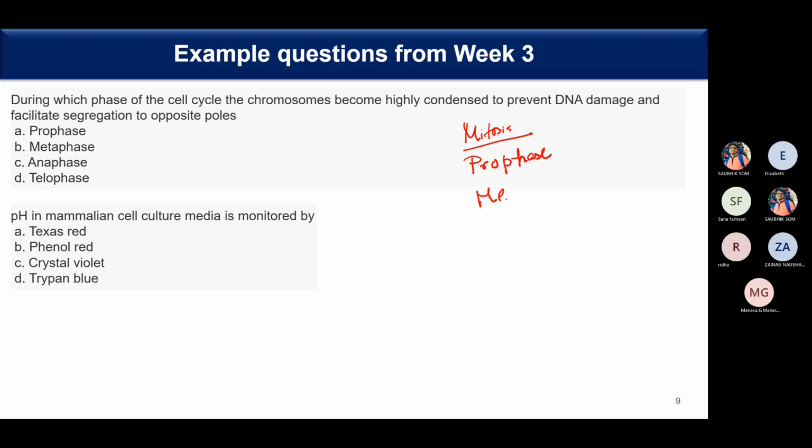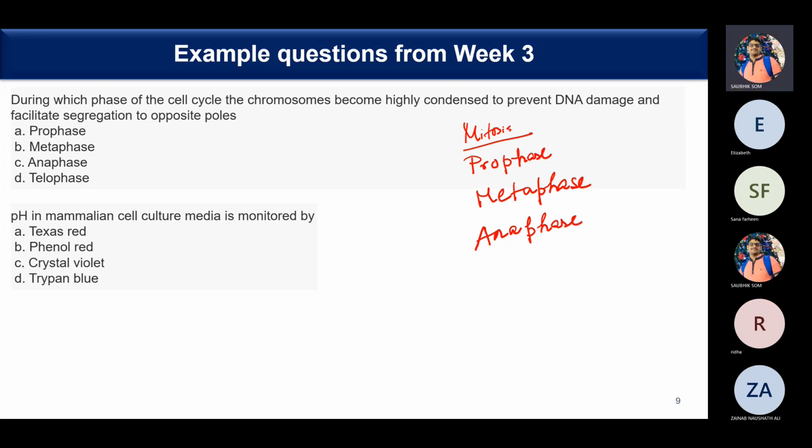Prophase, metaphase, anaphase, telophase, and another last portion, which is not part of mitosis but is cytokinesis. Correct. So in prophase, what happens? Cells have different organelles, and they lose the nuclear membrane, all these organelles.